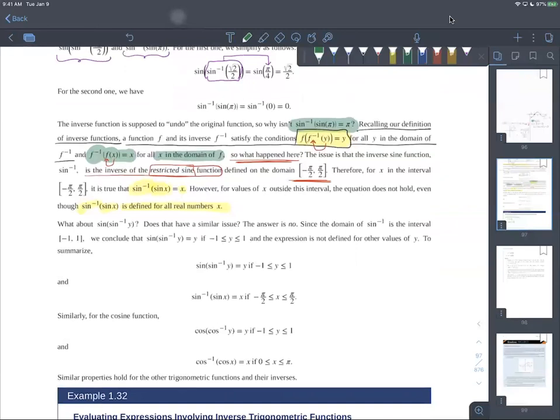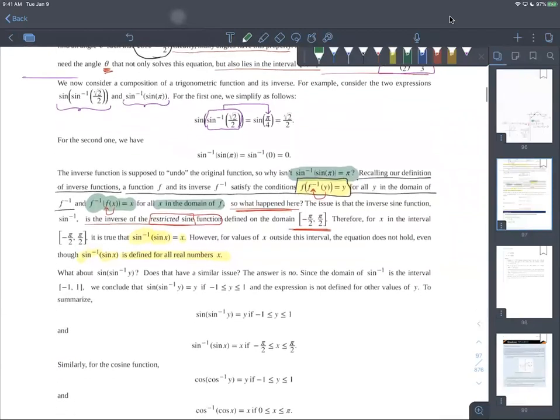All right. What about the sine of the sine inverse of y? Does this have a similar issue? The answer is no. When they're flipped around the other way, let's take a look at the sine of the sine inverse of something.